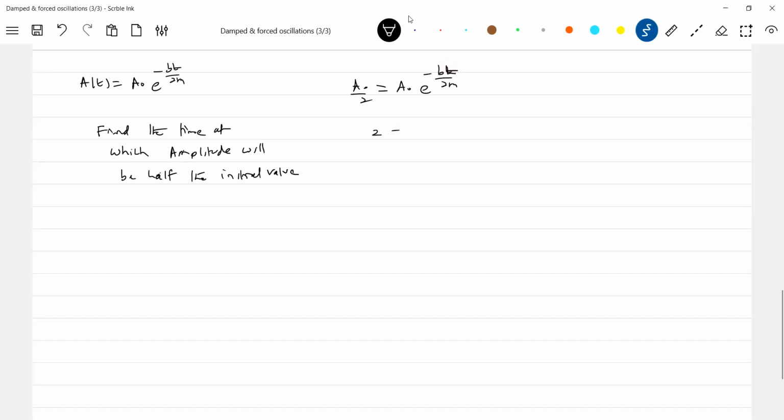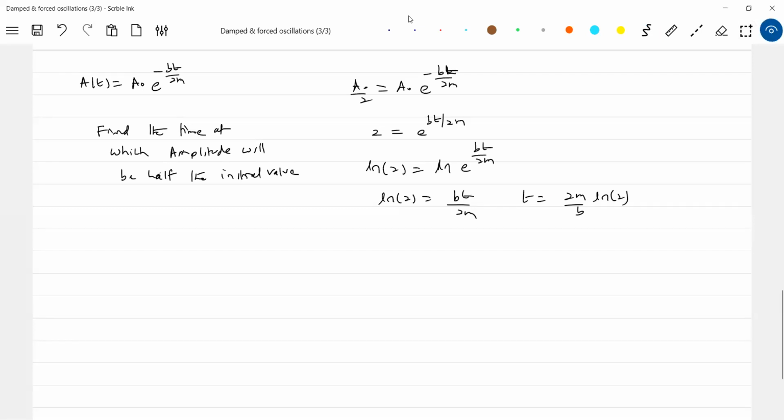So this will become 2 is equal to e to the power of bt by 2m. Then taking log on both sides, log of e to the power of bt by 2m. So what is the time now? The time should be equal to 2m by b log 2. So that is the time at which the amplitude will become half of the initial value.